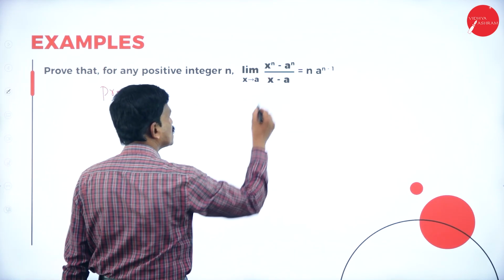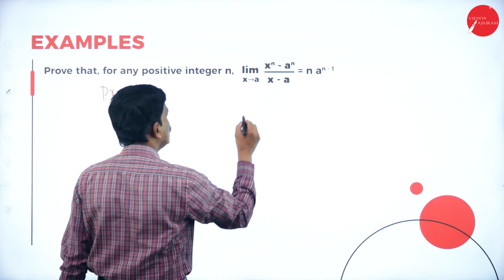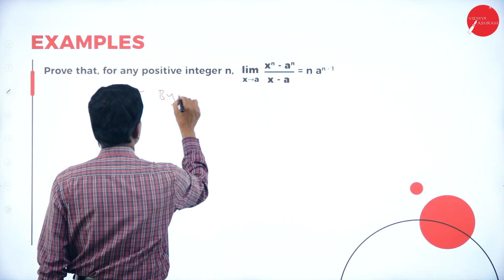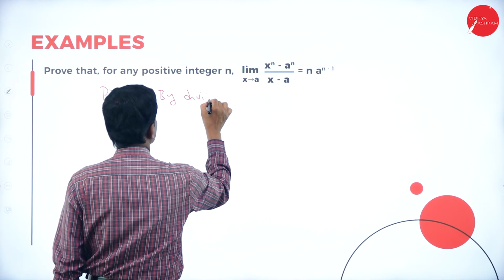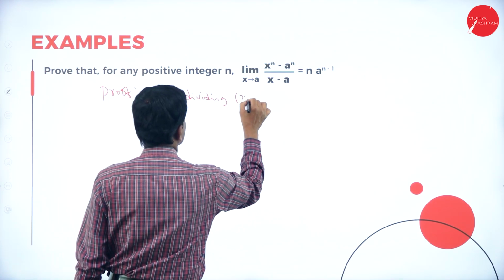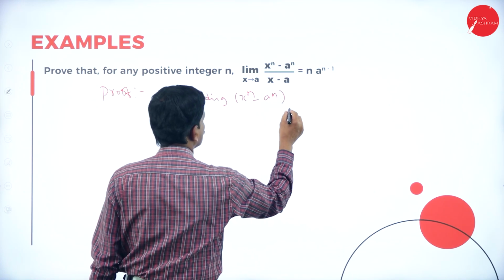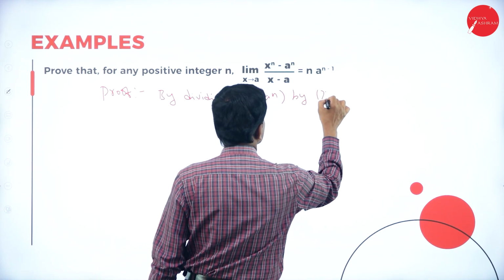Now just divide x raised to n minus a raised to n by x minus a.